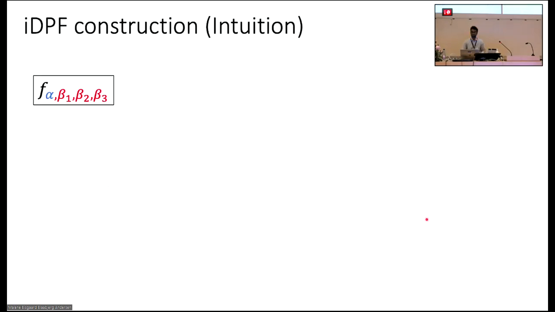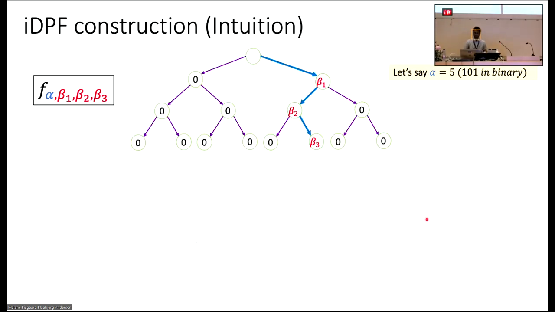The intuition of this iDPF construction is as follows. Suppose you have 3 beta values and an alpha, and let's say alpha is 5, which is 1, 0, 1 in binary. Then the iDPF construction follows a tree-like structure, where the blue alpha indicates the path to the 5th leaf, and you have beta values encoded sequentially along this path, and all other nodes have 0 values encoded.